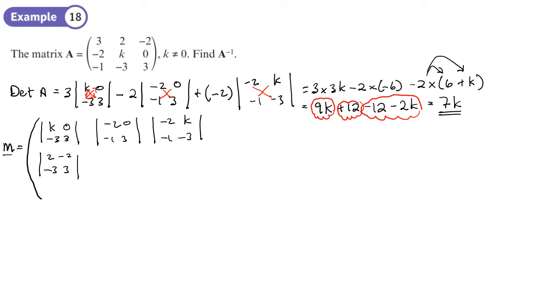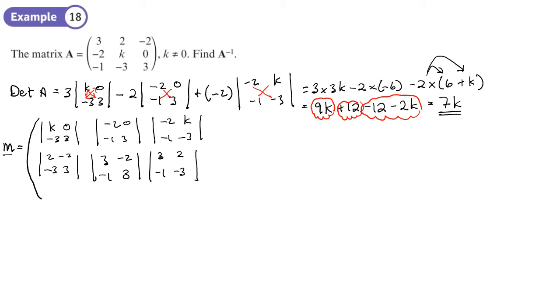Then we'll move on to the element which is k. We'll cross out this and this, and we'll have 3, negative 2, negative 1, 3. And the last one in that row, we cross out that and that, and it gives us 3, 2, negative 1, negative 3.